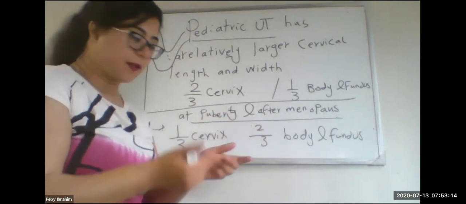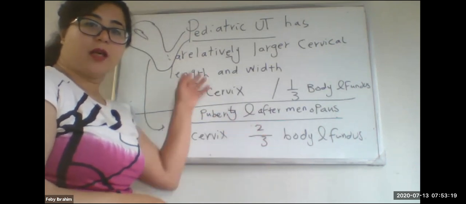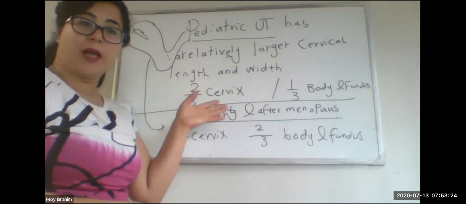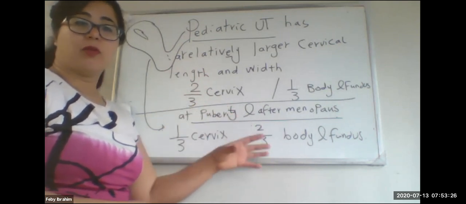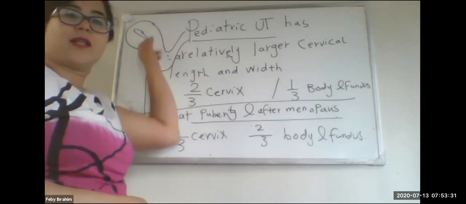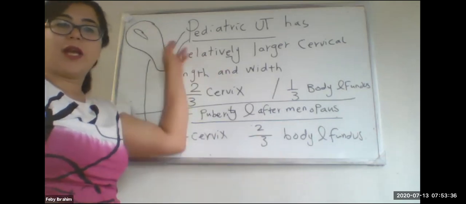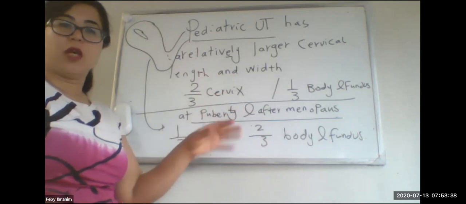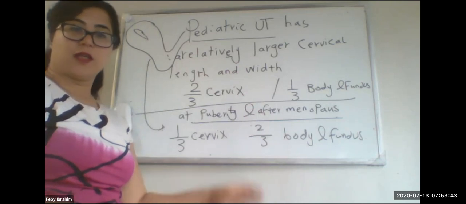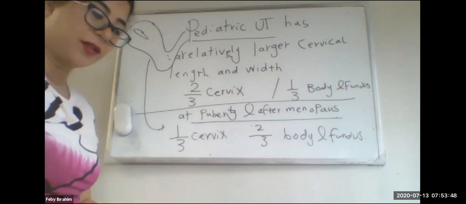The size varies with age. You're going to see the size is bigger in the woman at puberty, and after menopause it will shrink in size. But the cervix accounts for 1/3, and the body and the fundus account for 2/3. With the pediatric uterus, the cervix is larger than the body and the fundus. The cervix will be 2/3, and the body and the fundus will be 1/3.